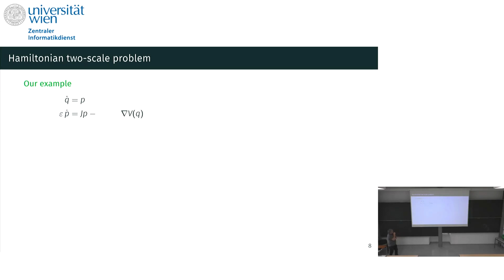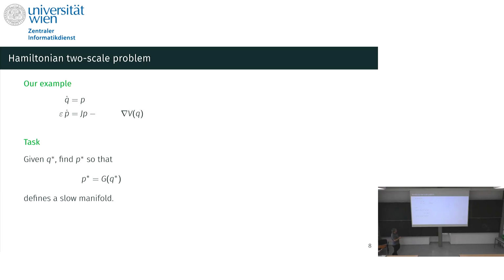Okay, so our example that we are analyzing in a bit more detail is again an ODE system, because with PDEs we have some regularity problems, so it's much more difficult and it's still open. And again, this looks like a fast equation, a little bit like in the previous example.